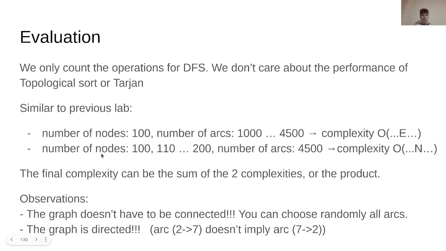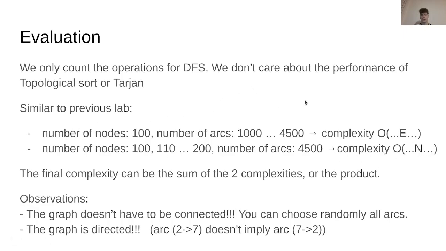And in the second part we'll need to vary the number of nodes, to change the number of nodes from 100 to 200 with an increment of 10, and keep the number of arcs fixed to 4500. And from this we can figure out the complexity with respect to the number of nodes.